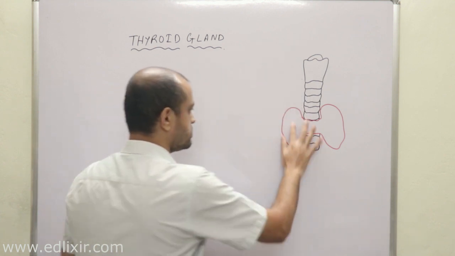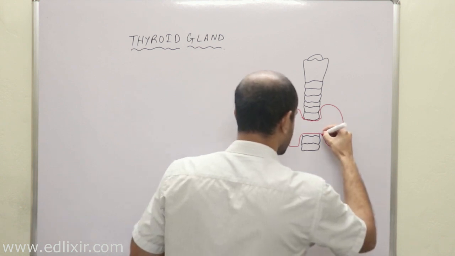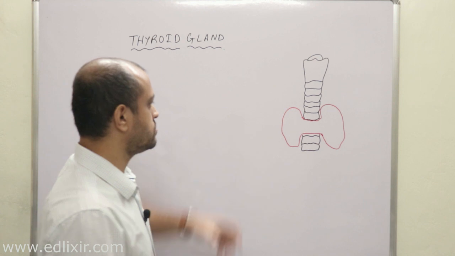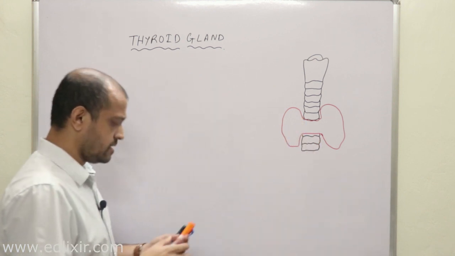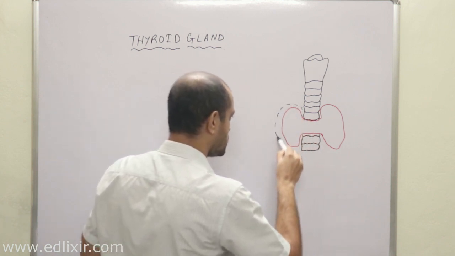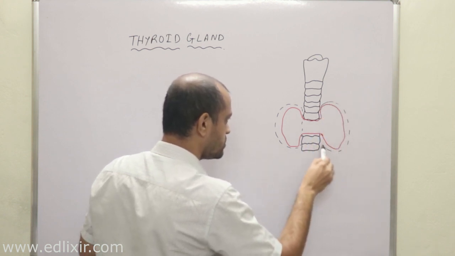Now listen with all your attention. So this is supposedly our thyroid gland. A very important point here we need to understand is that these are actually thyroid glands, the thyroid gland proper.